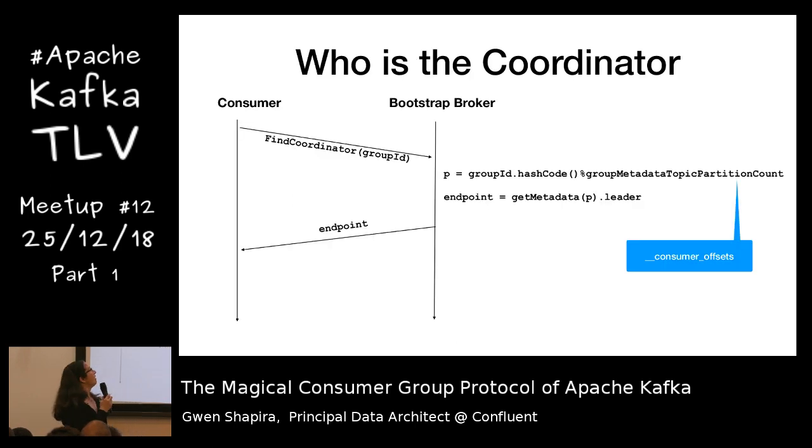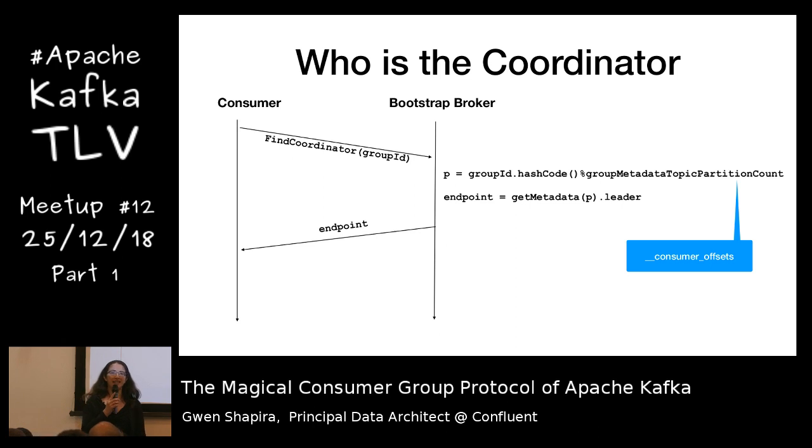Okay, so as you know, when you configure a Kafka consumer, you configure a list of one or more, usually 3, bootstrap servers. We connect to a random one of those bootstrap servers and say, hey, I'm trying to join consumer group X. Who is my coordinator?